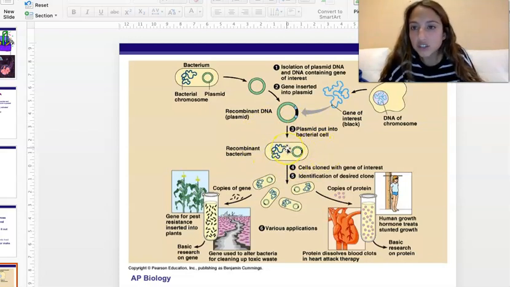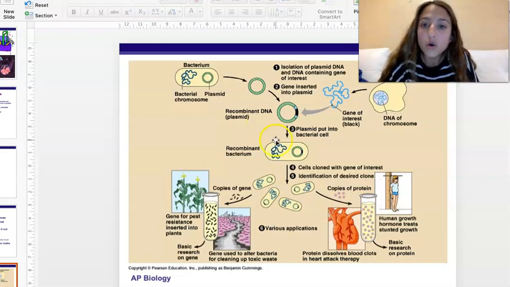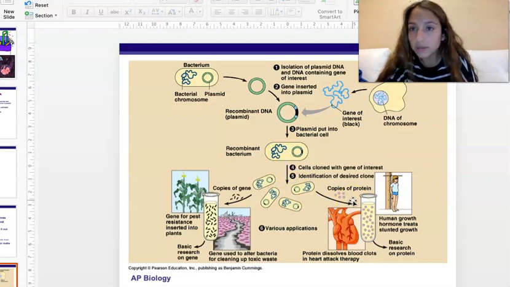And then the bacteria can do one of two things. It can continue replicating that DNA, which means it's replicating the gene of interest, so you can have many copies of a gene that you want to study, or it can replicate the DNA and also transcribe and translate that DNA, creating a specific protein.